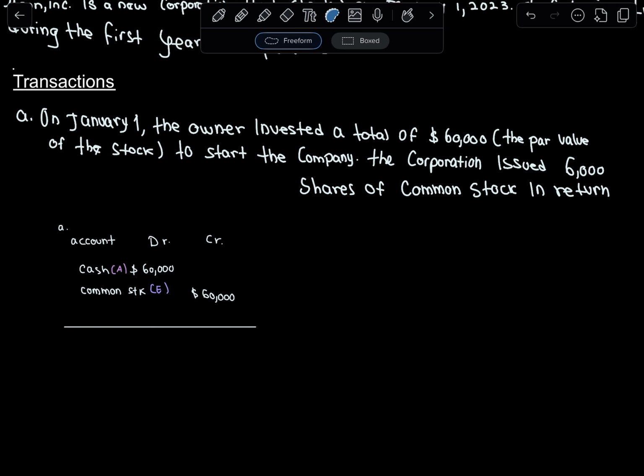Cash is an asset account, so it would increase with a debit. So I debited cash for 60,000, and then I moved common stock to the credited area, because it is an equity account, and equity increases with credit and decreases with debit. So I moved it to the credit side because it is increasing 16,000.